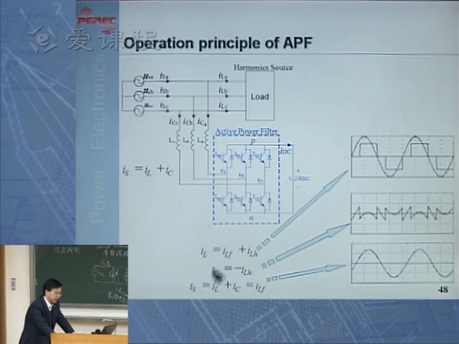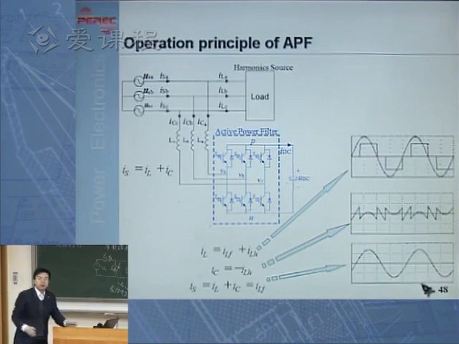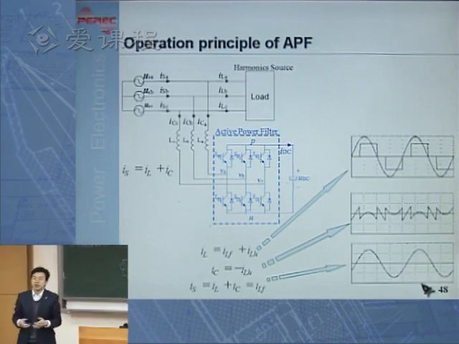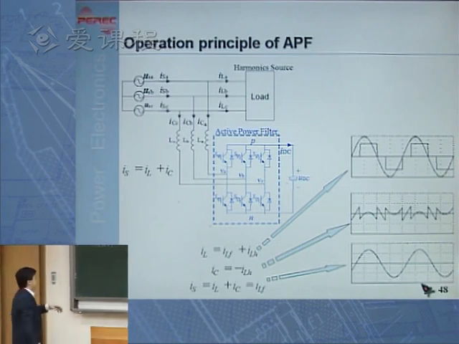The harmonic component will be canceled out, and only the fundamental component in the load is left. So in the source current, the current flowing into the utility grid, there's only the fundamental component left. So that's the operation principle of the active filter.